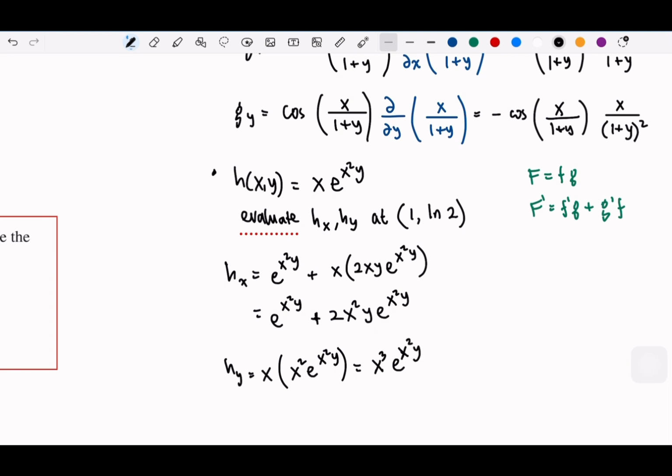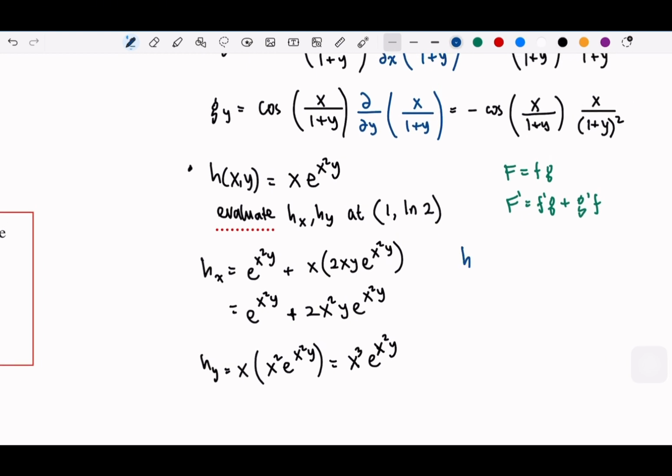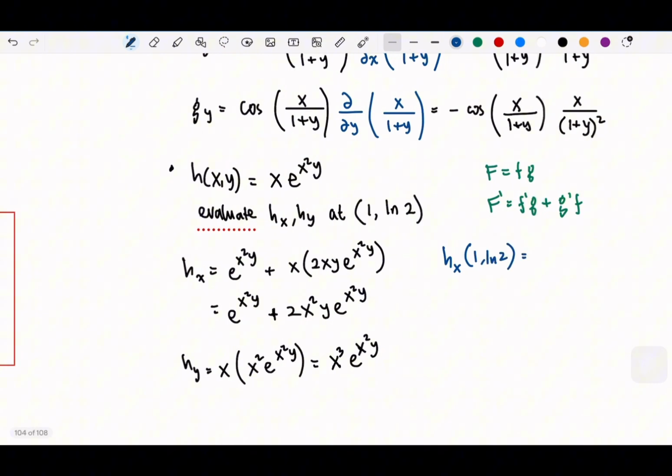But the question needs to be also answered. We need to compute this. So we put x equal to 1 and y equal to ln 2 within these two calculations. So let me write on the right side. So this will be 1, ln 2. So I will put everything: e^(ln 2) plus 2 ln 2 e^(ln 2).